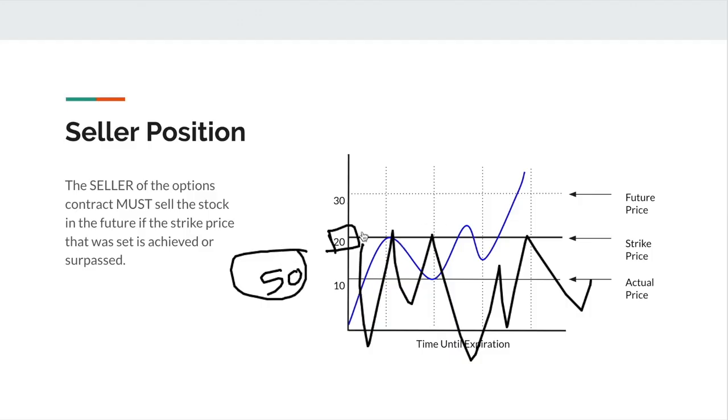However, the seller starts to lose money as soon as the stock reaches $20 and goes above it. That's when they start chipping into their profits, because they no longer are making profits off of you, because the stock is starting to go above that price that you guys had agreed upon. So the seller is praying and hoping that the strike price is never actually achieved. That way they can collect their full $50.